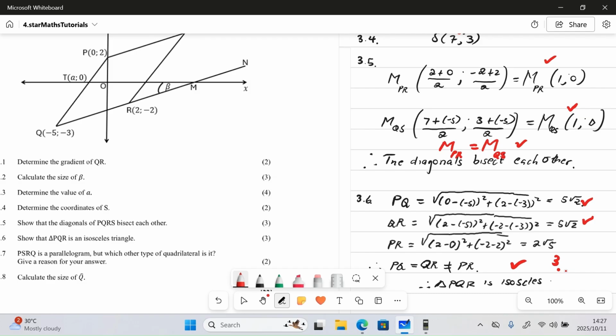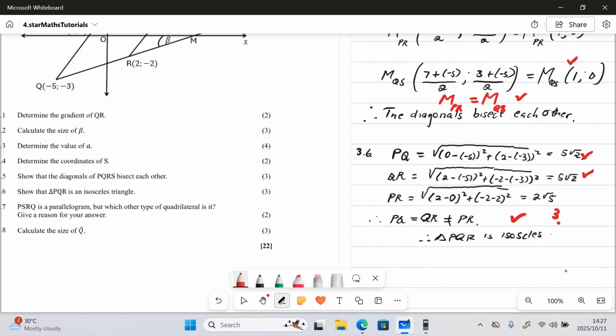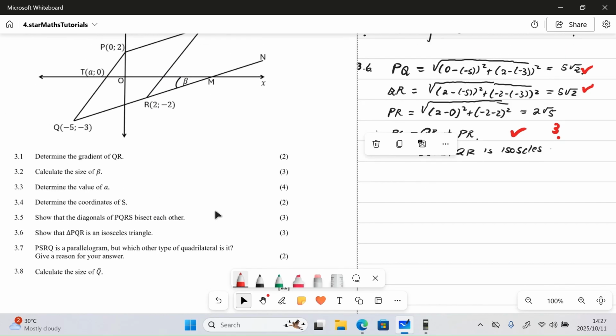In an isosceles triangle, two sides must be equal and two angles must be equal. Then PQRS is a parallelogram. Let's check it.